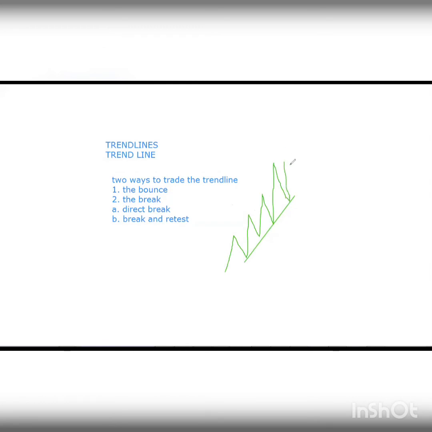You understand? But if it's coming down, and instead of bouncing on the trend line, it gets broken and continues going to the downside, that's the direct break. But the break and retest is when it gets broken, retests that same trend line and goes down.